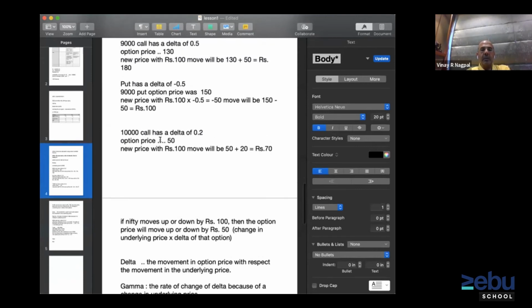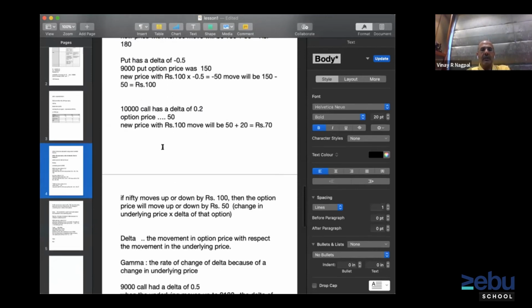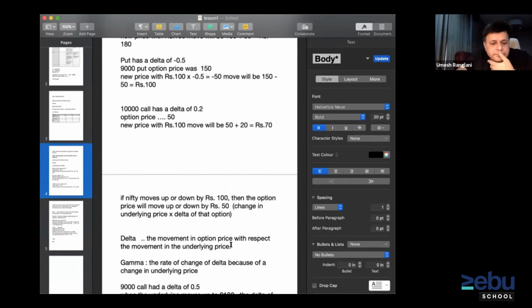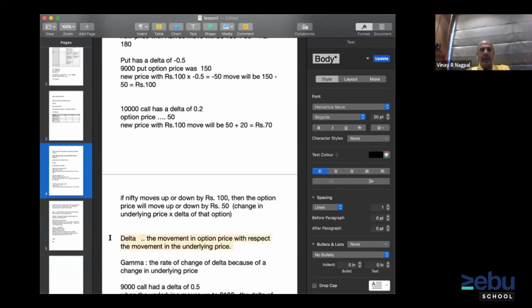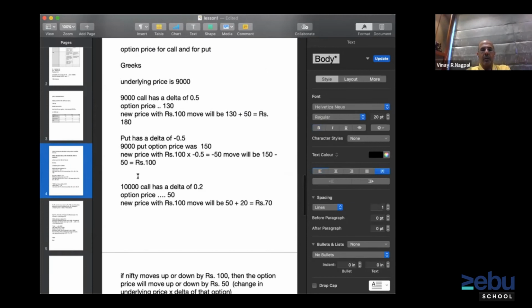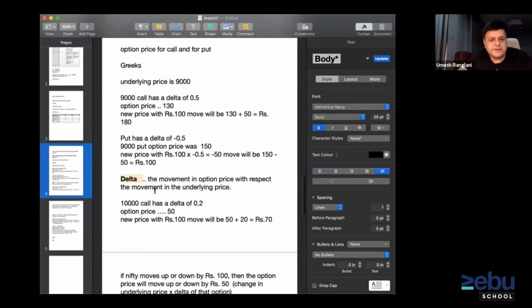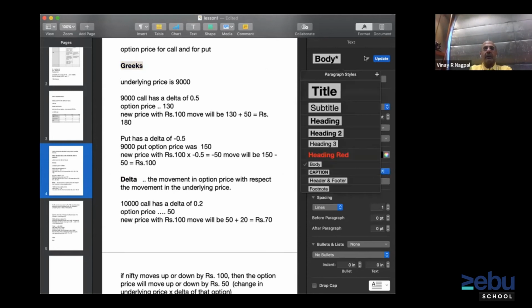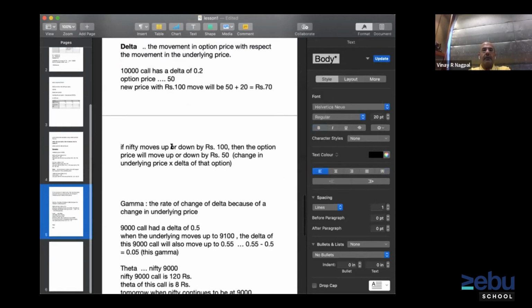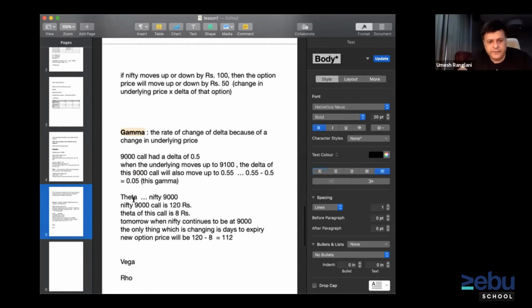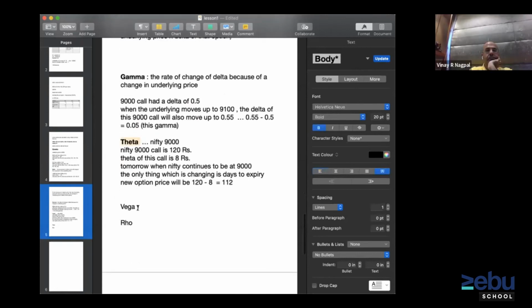So if Nifty moves up or down and all that you mentioned, put it below delta, or put delta above that, whatever. So we'll know this is the delta explanation, then the gamma one, and all that. Delta, gamma, okay, now Vega.